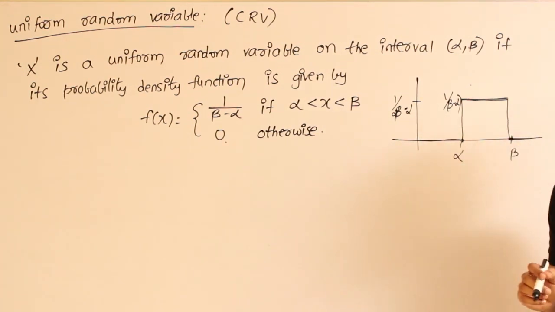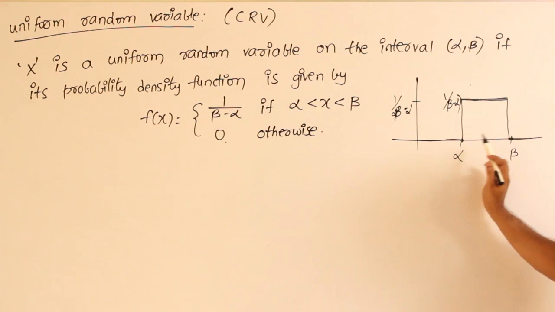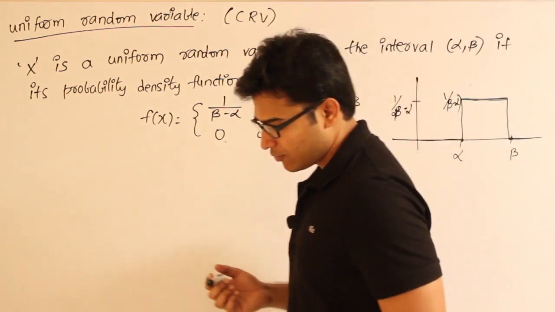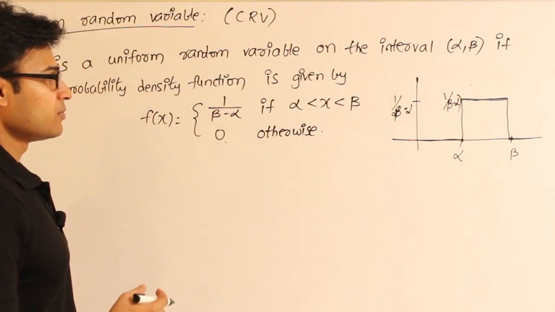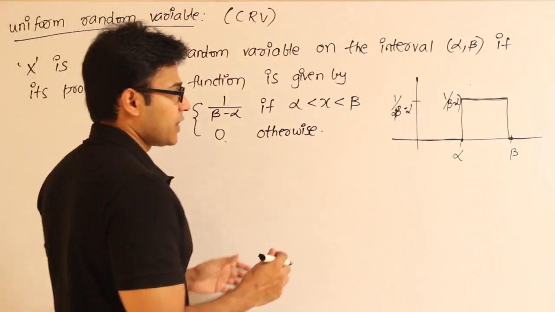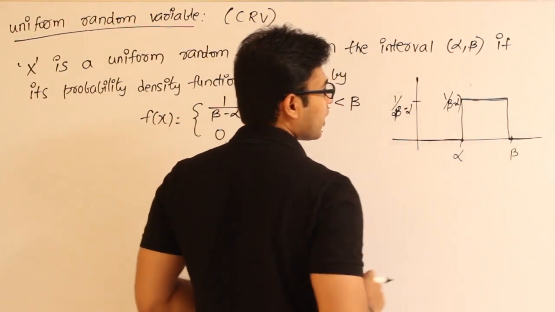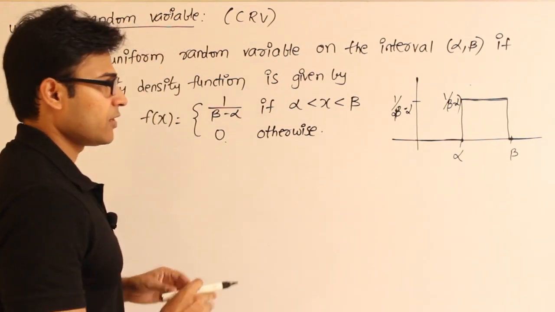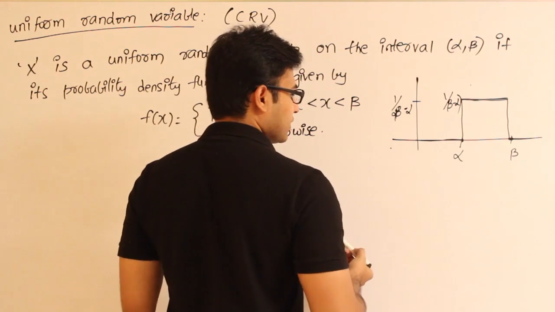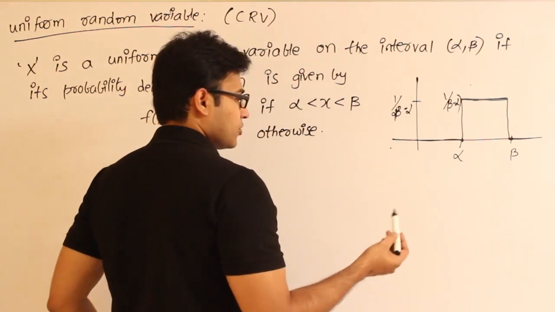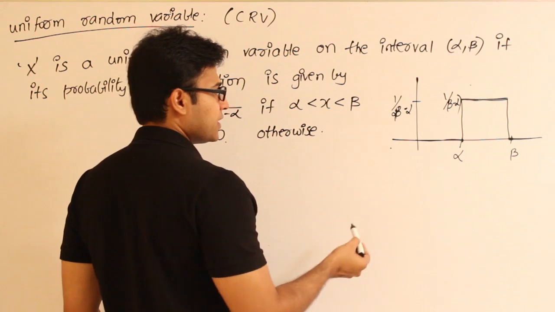Got it? And now how to find out the probability of a particular interval in this interval alpha comma beta? Let's see whether it satisfies the property that the sum of everything is going to be 1. If you try to find out the entire probability of this random variable from minus infinity to infinity, there are actually 3 periods here.